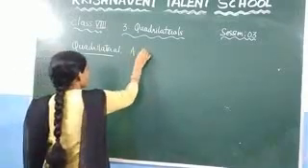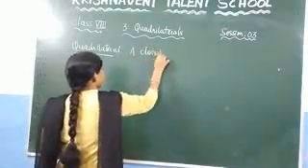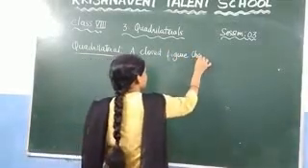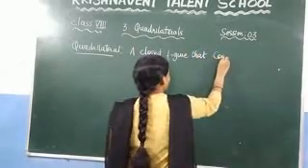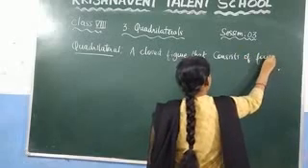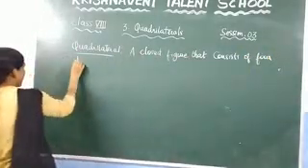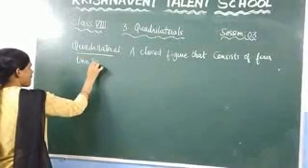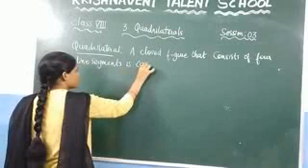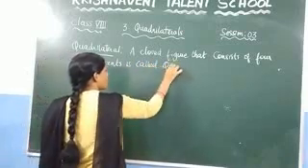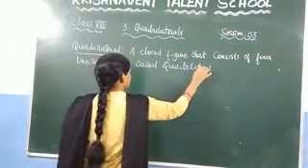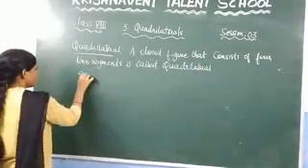So write it here: a closed figure that consists of four line segments is called a quadrilateral.